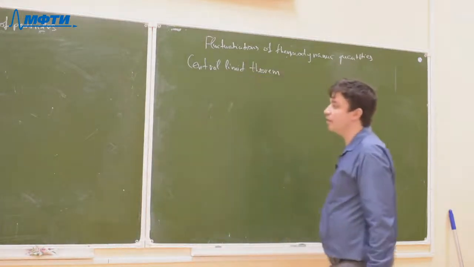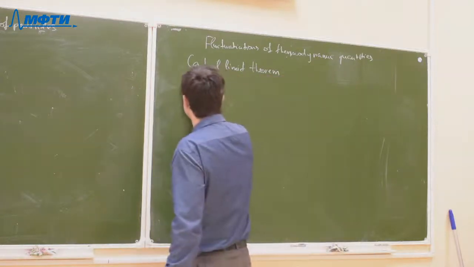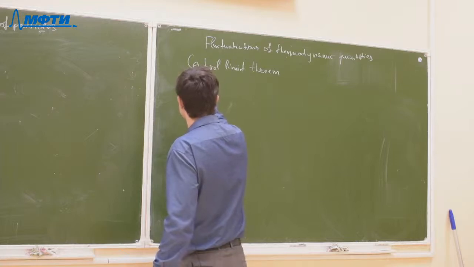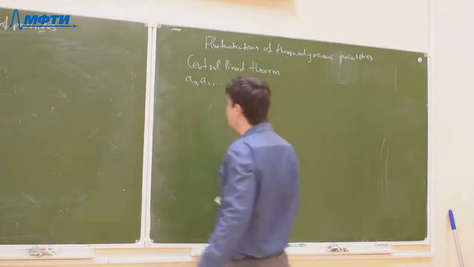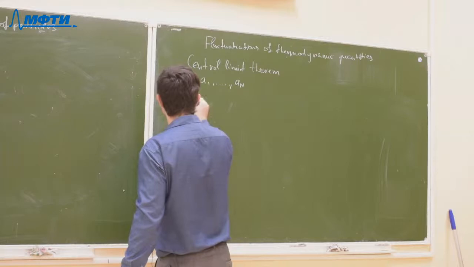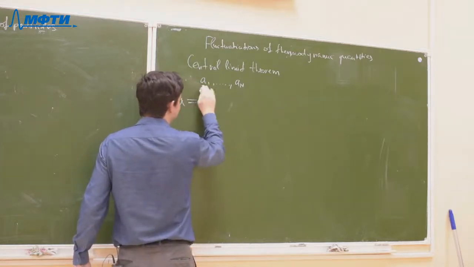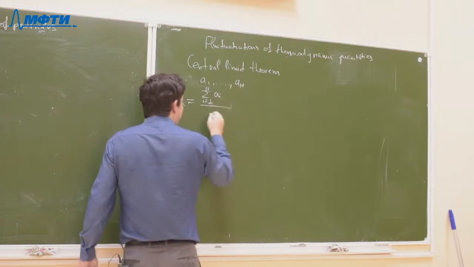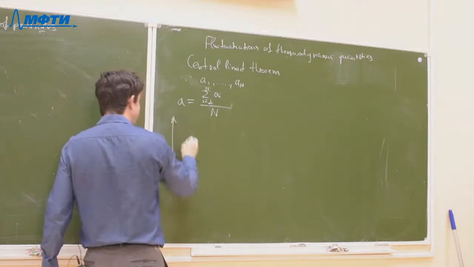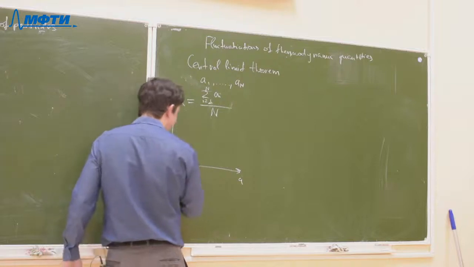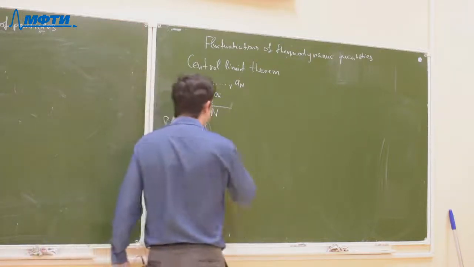It's a theorem from probability theory, which states, in short, that if we have some random quantities, A0, A1, and so on, and An, a large number of these quantities, and we consider a new random quantity which is defined as an average over these n quantities, okay, we start from A1, then the central limit theorem says that this quantity A has a Gaussian probability density function, or it is distributed normally.